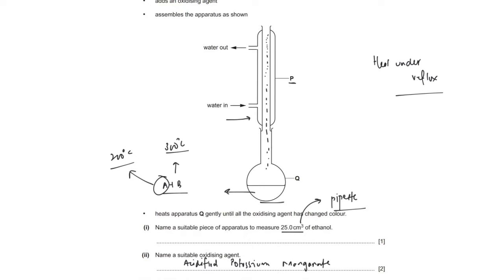So what have we done? We have installed a condenser. So if A's vapor goes upwards, the condenser is going to condense the vapors and they're going to drop back into the overall mixture of reactants. So this way A will not be lost. That's why we have installed a condenser here.